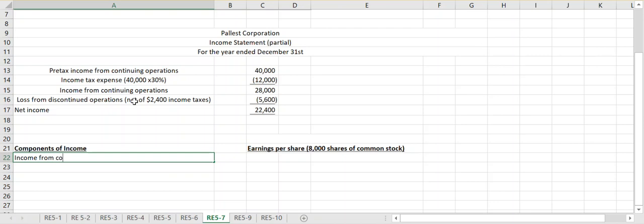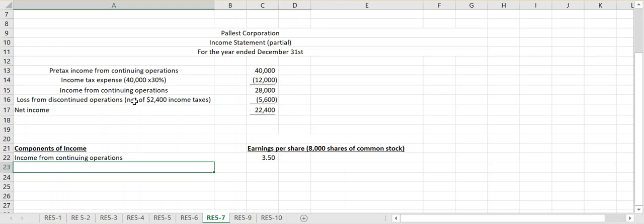So we have our income from continuing operations. And our income from continuing operations right here is at $28,000. And we're going to divide it by the 8,000 shares of common stock that we have. So our income from continuing operations is at $3.50.